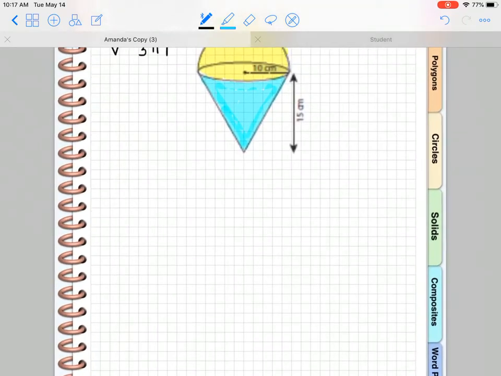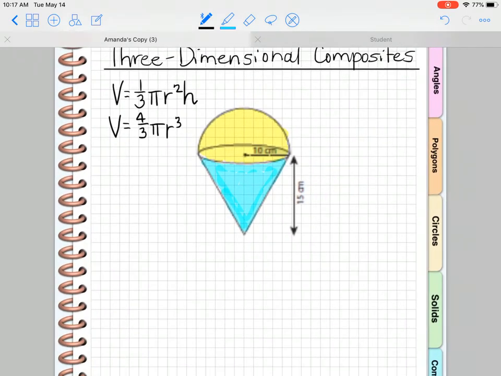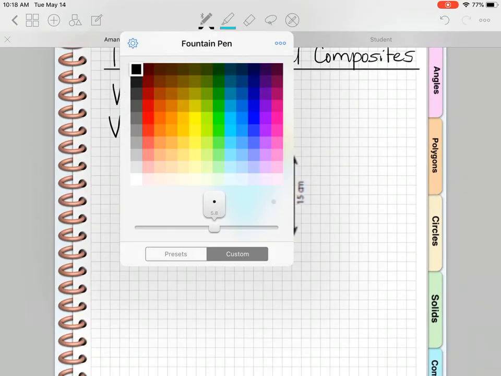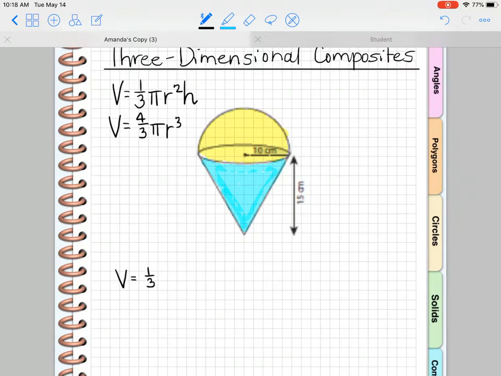This is a three-dimensional composite, so the formulas are a little bit harder to do. And I'm going to start with the cone. Even though that's the longer of the two formulas, I don't have to cut the cone in half. I can just do the straight up formula. So I'm going to say V equals 1/3 pi r squared h.